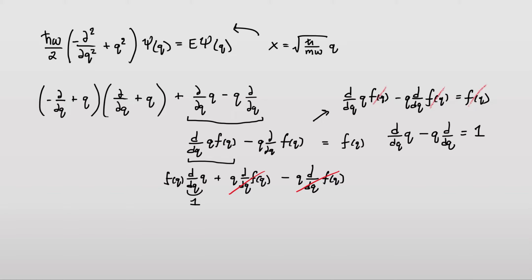Because if we divide both sides by f of q, we get a 1. So all of this right here is equal to 1.